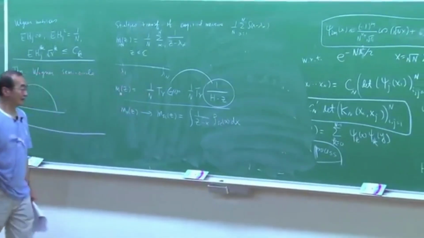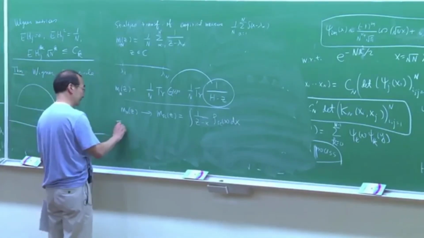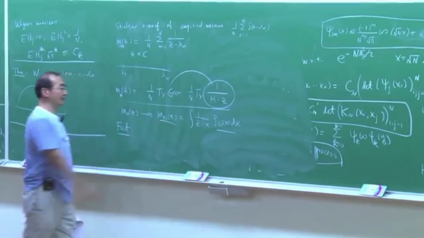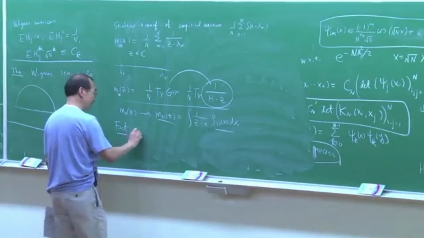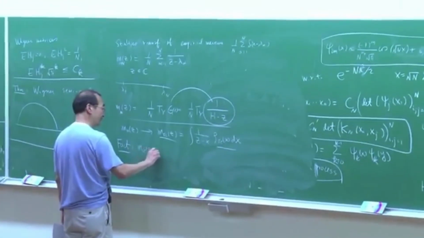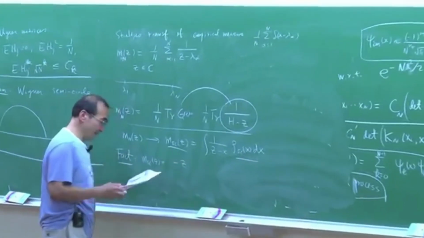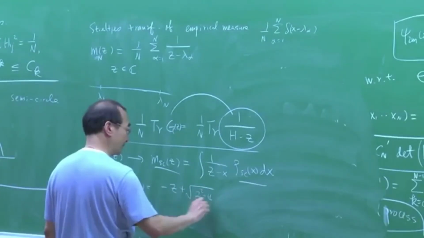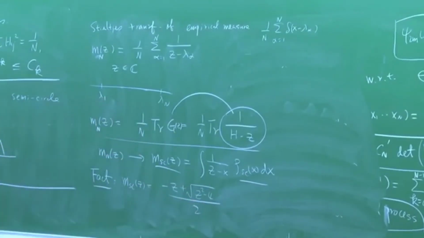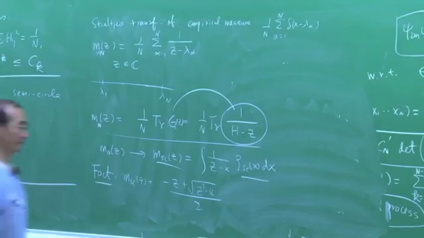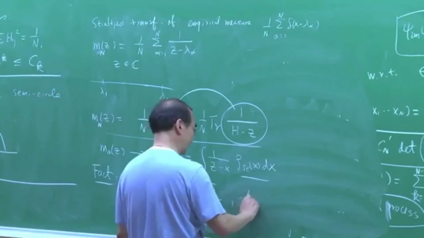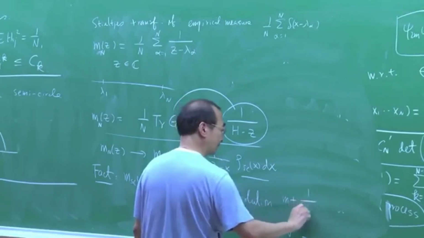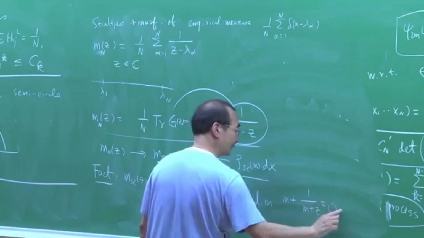Now, this is a fact. Because the semicircle law is explicitly computable, m_sc(z) can actually be computed. It's minus z plus the square root of z squared minus 4, divided by 2. And this is a solution to the equation m squared plus z m plus 1 equals 0.